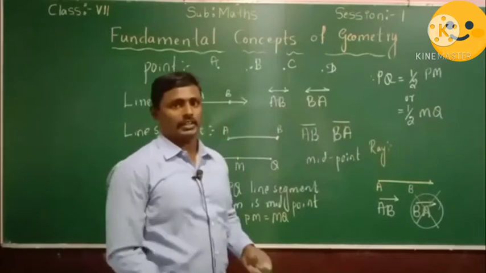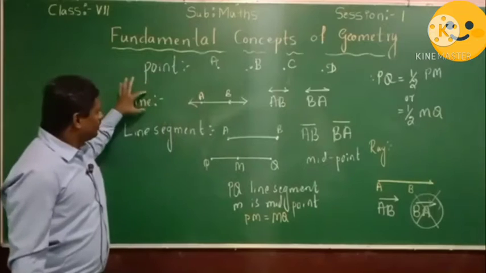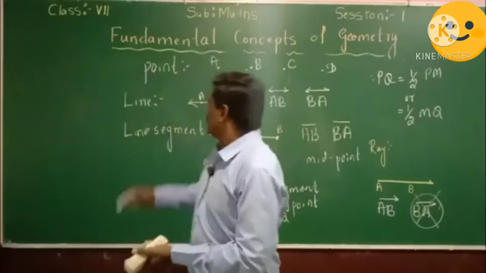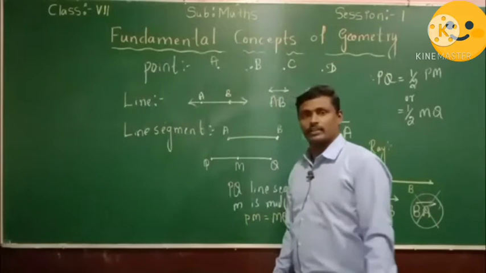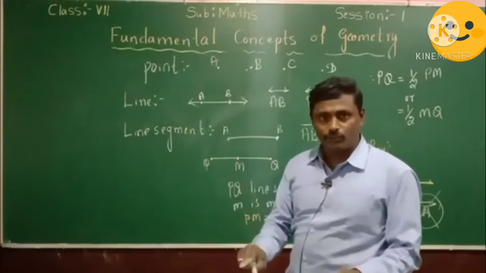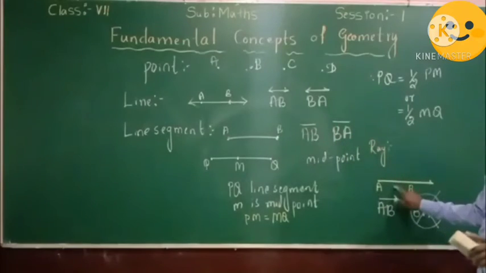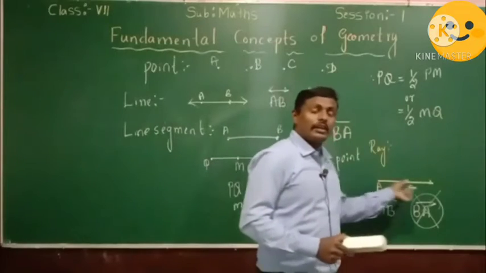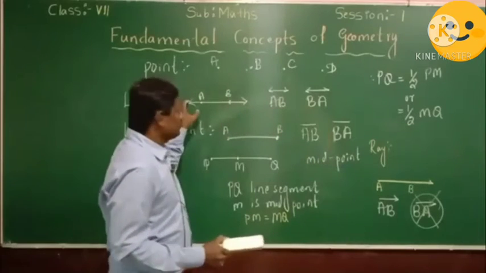Now come to the differences between line, line segment and ray. You already know the definitions, right? First, a line is a collection of points which can be extended on both sides infinitely. A line segment is a collection of points which has two definite endpoints. A ray is a collection of points which can be extended in one particular direction.